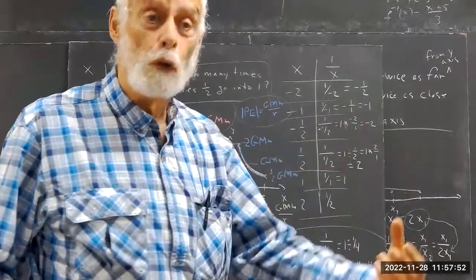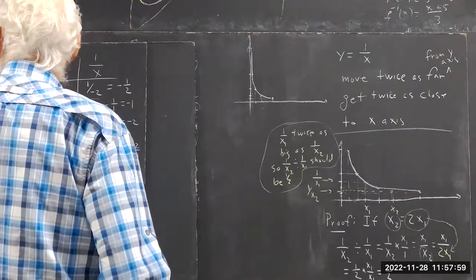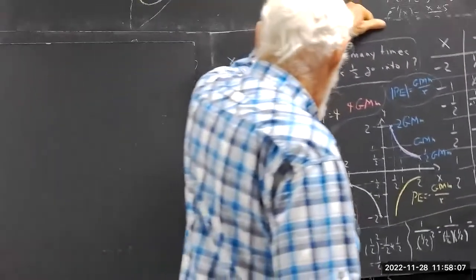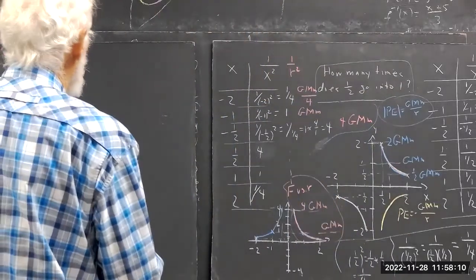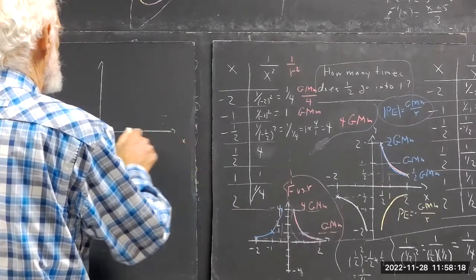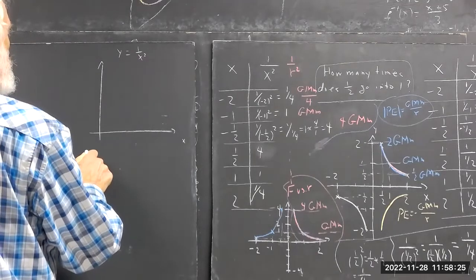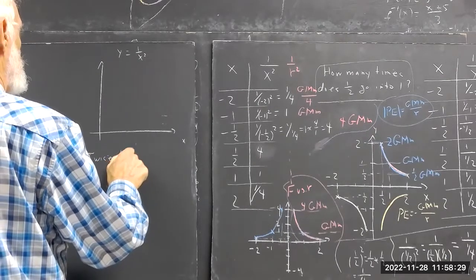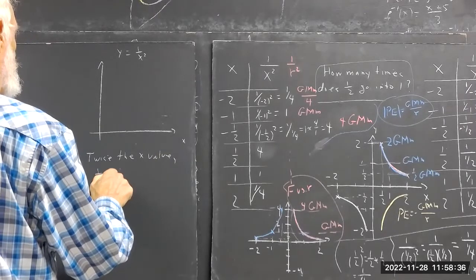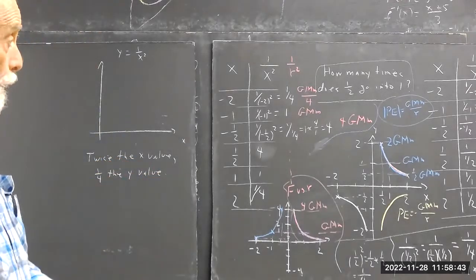It's just like this, but it's 1/4 every time you move twice as far. You got twice the X value, you get 1/4 the Y value.